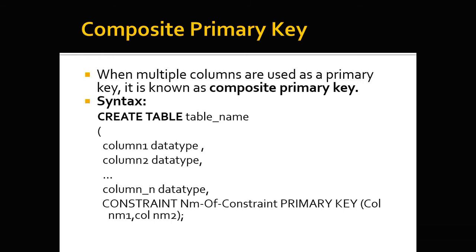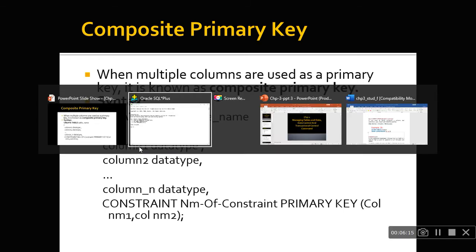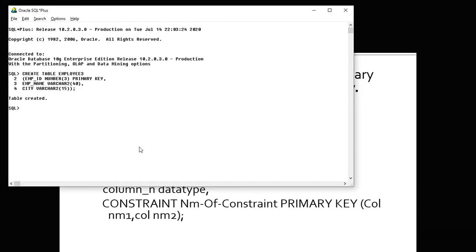Here let me show you how to define a primary key at table level. For that move back to SQL prompt. Through this example we'll apply only on the single field. Then I will show you how to define a composite primary key.